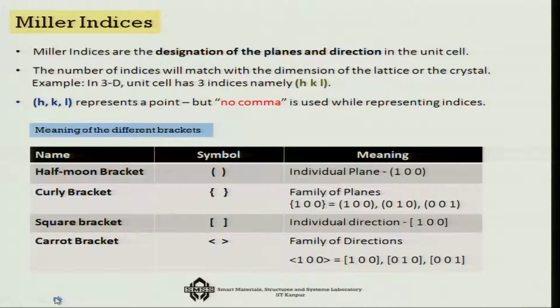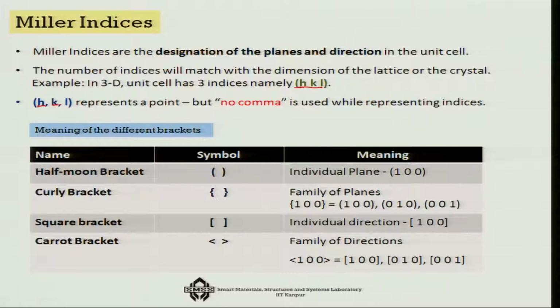For example, if it is 3D, then there are 3 indices that are used, H, K, L. The other important thing is that if there is a comma between H, K and L, then we are referring to a particular point. But if there is no comma, then we are referring to an individual plane. So, this comma plays a very important role.